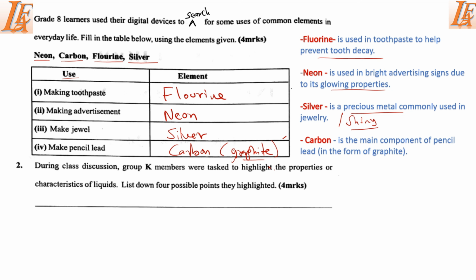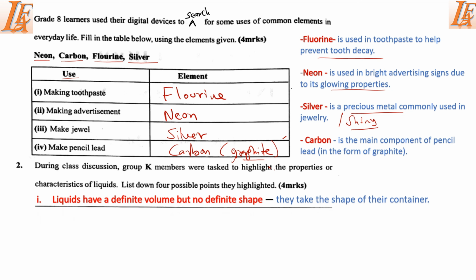Then the second question, during a class discussion, Group K members were tasked to highlight properties or characteristics of liquids. List down 4 possible points they highlighted. Now, what are these 4 characteristics of liquid that they listed?